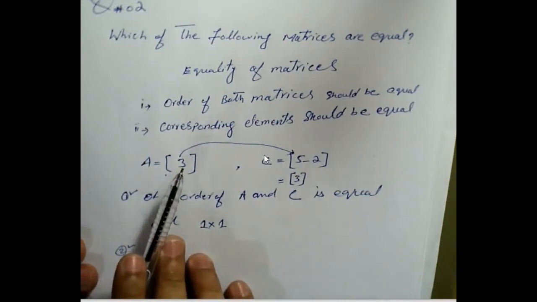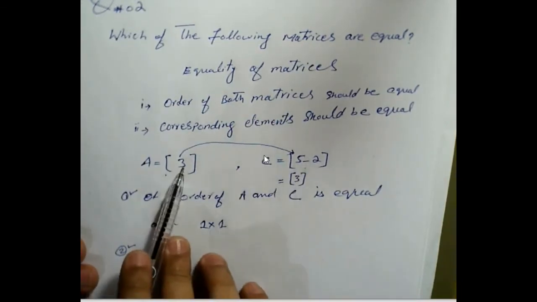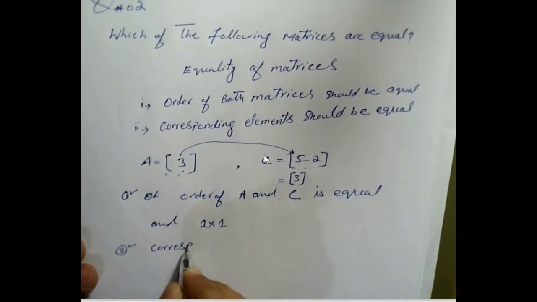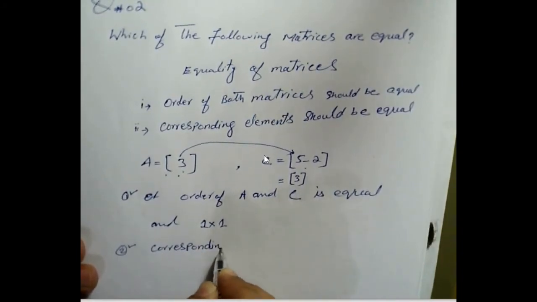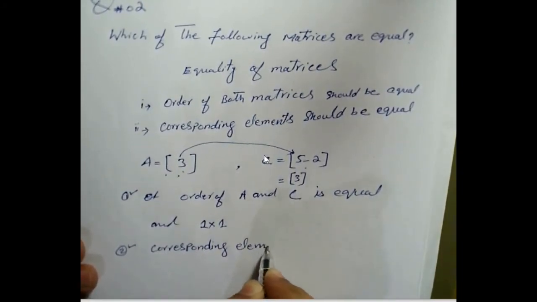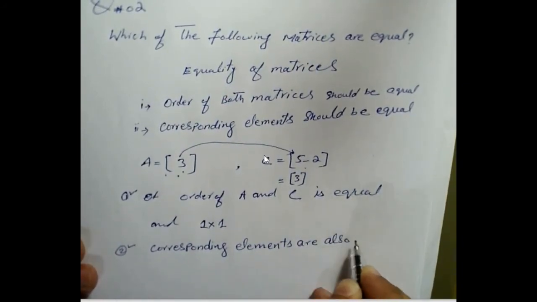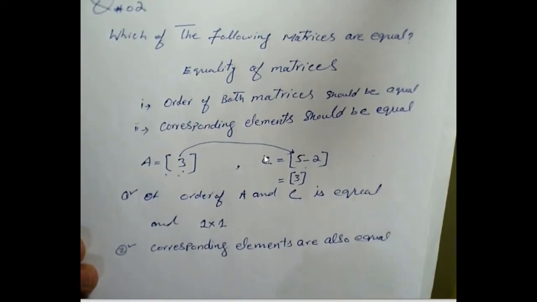There is only one element in A, one element in C, and both of them are 3 and 3. So we can say corresponding elements are also equal.